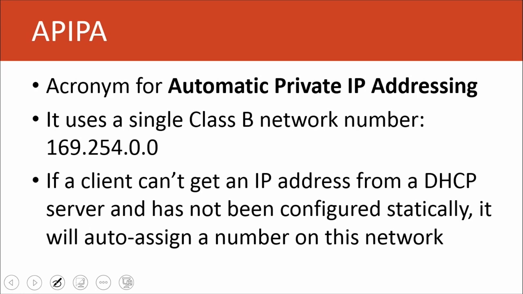So it'll have an address within the 169 range. This is useful because if your computer can't access the internet, or there's something wrong and you can't automatically obtain an IP address, then you're going to self-assign an IP address, and that'll allow you to communicate with all the other devices that are on your local network.